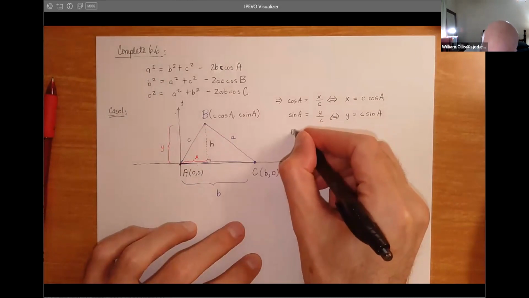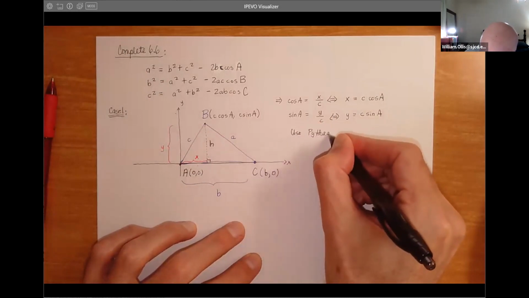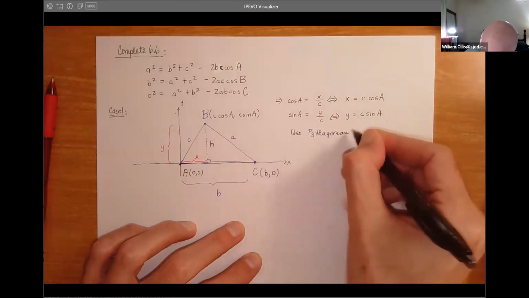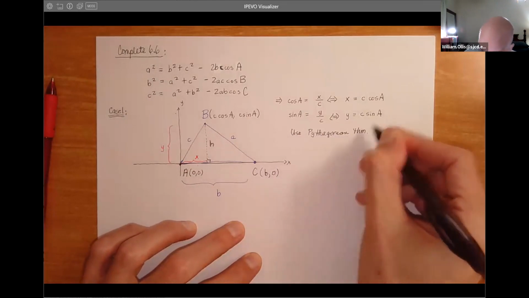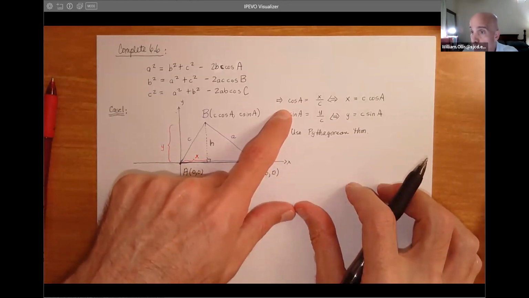So now use the Pythagorean theorem in a direct sense. Of course, all of these definitions are dependent upon the Pythagorean nature of the unit circle.